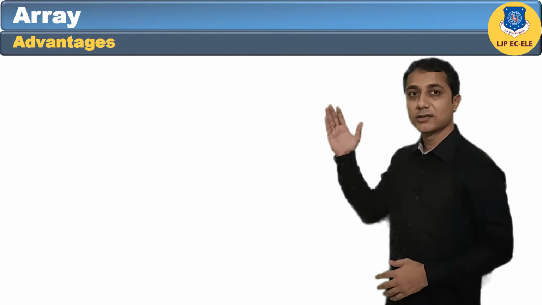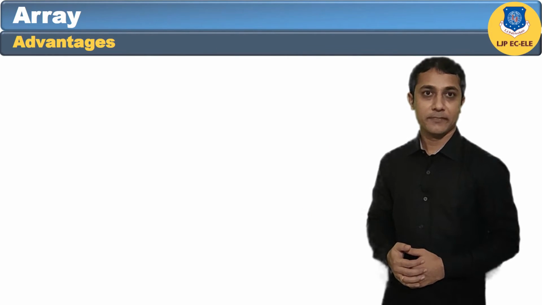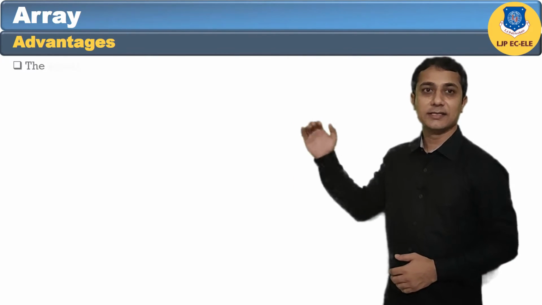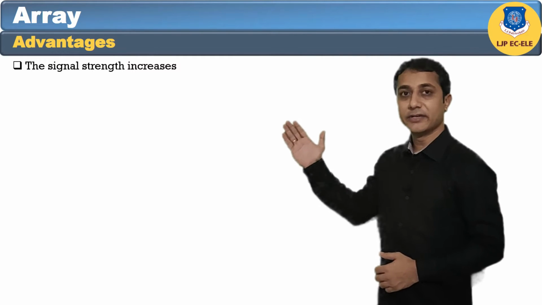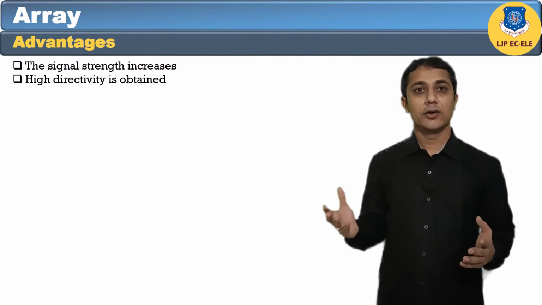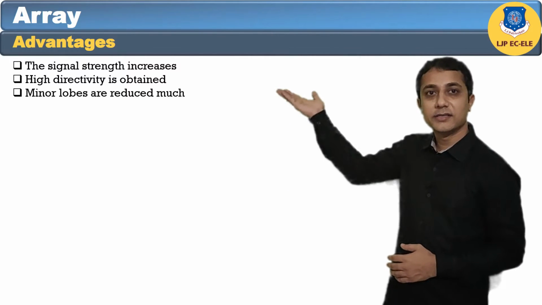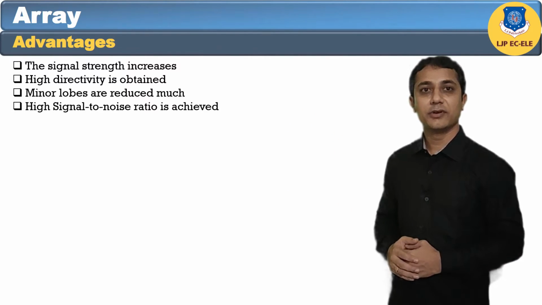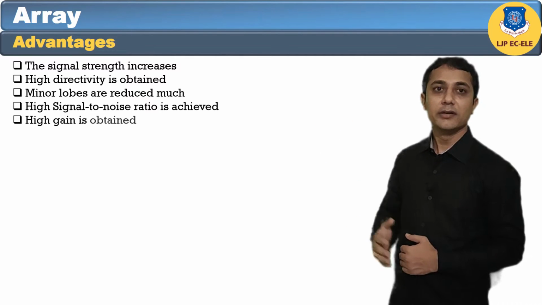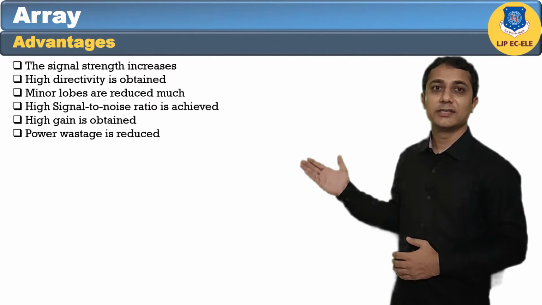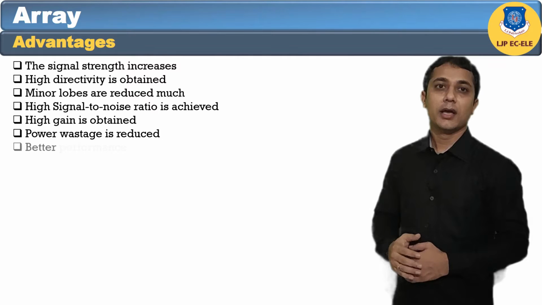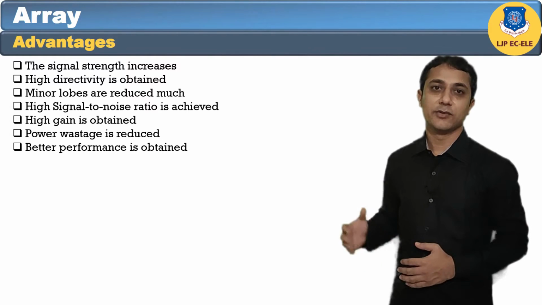Now, what are the advantages of that? The signal strength increases, high directivity is obtained, minor lobes are reduced much, high signal to noise ratio is achieved, high gain is obtained, power wastage is reduced and better performance is obtained.